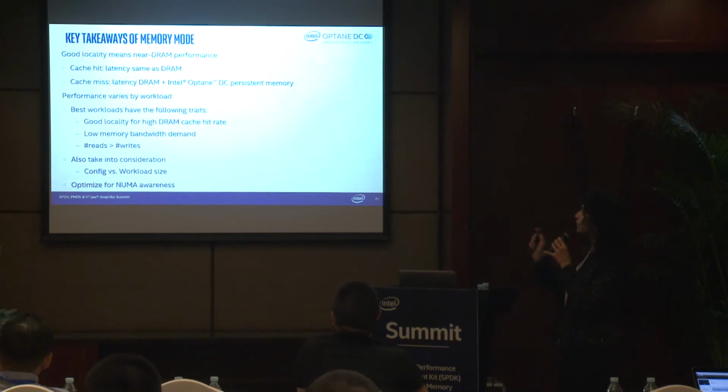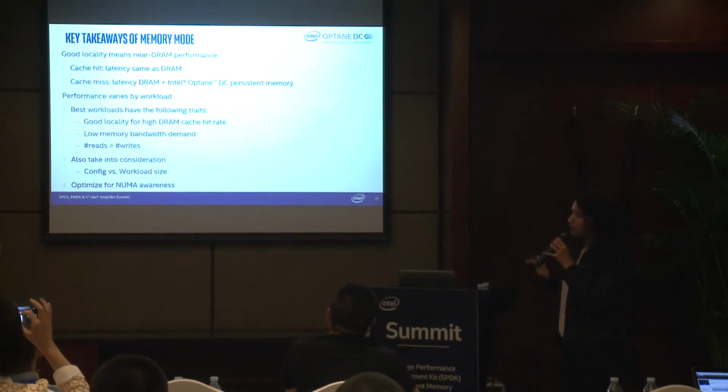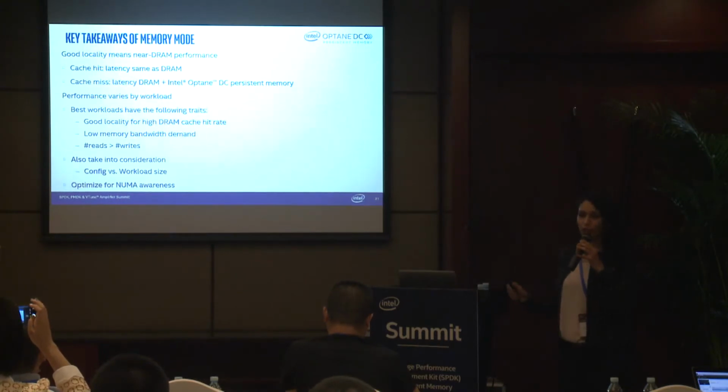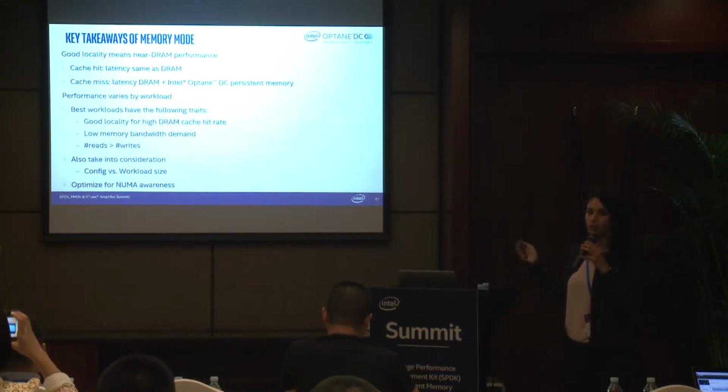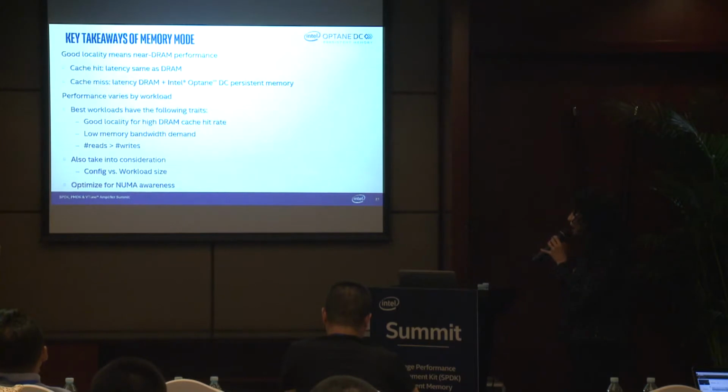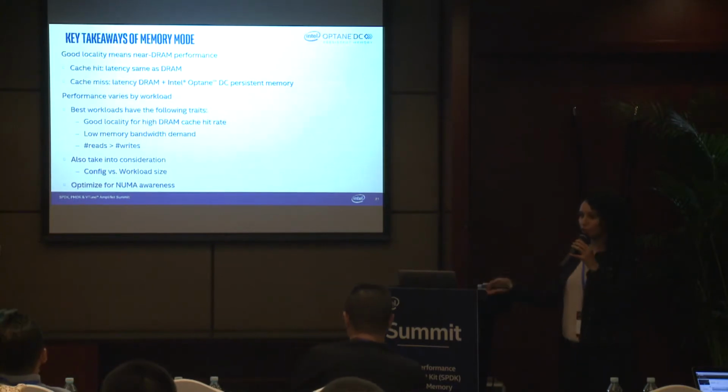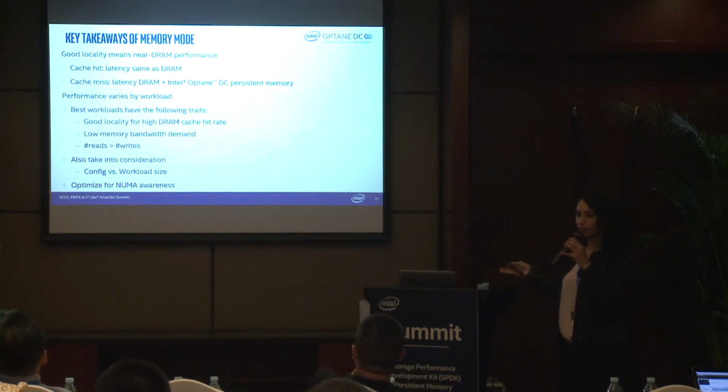Okay, so the key takeaways of memory mode. If you have good locality, you're going to get near DRAM performance. If it's a cache hit, then your latency is going to be the same as DRAM. And if it's a cache miss, that means your latency is going to be the latency of DRAM plus your latency of accesses to Intel Optane DC persistent memory.